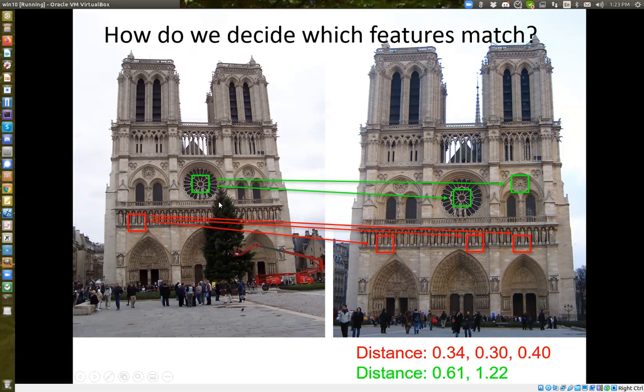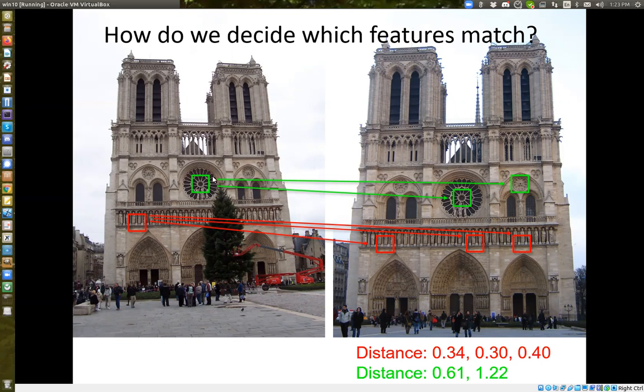If I compare with the Euclidean distance, again, the closest distance will be this guy, or with cosine similarity, the closest one is this one. But this is not exactly a match. Comparing this one here with this one is not exactly a match.